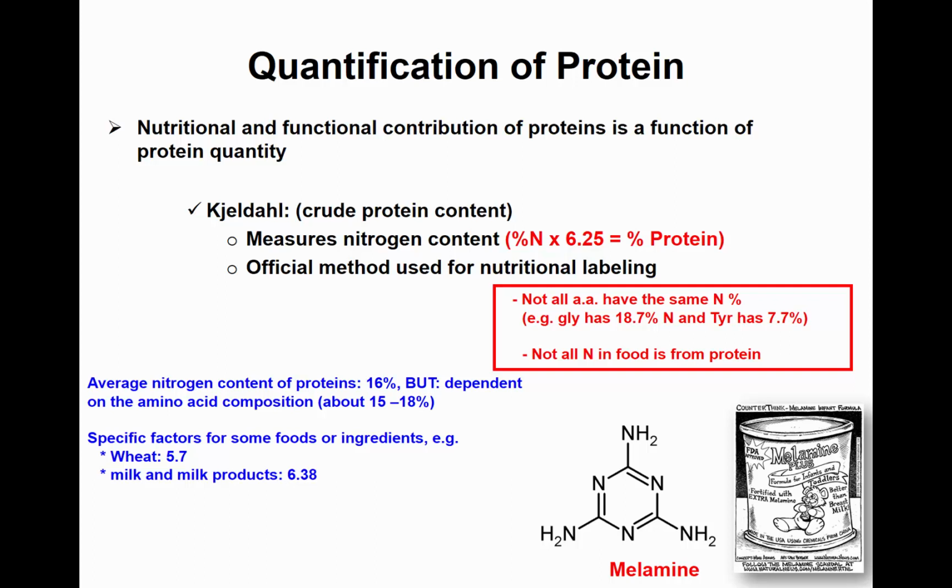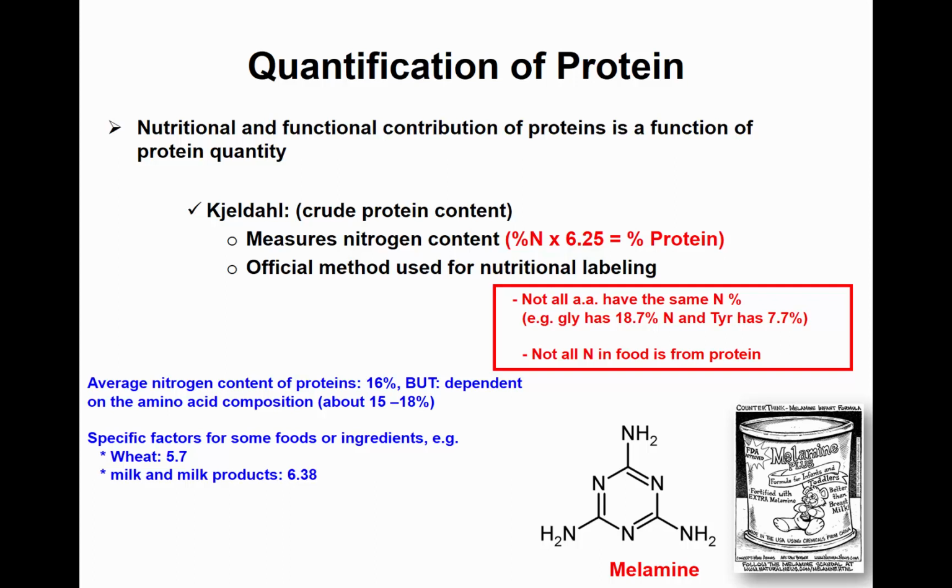This is how it passed detection, because Kjeldahl is the main method for determining protein content. So they measured nitrogen and they came up with the protein content. What the companies did is they supplemented the pet food. Instead of putting enough gluten proteins in the meal, they put melamine, which is a synthetic product that has a lot of nitrogen in it.